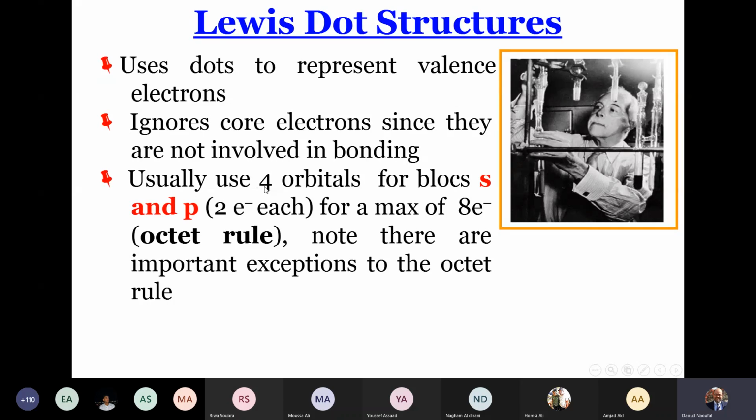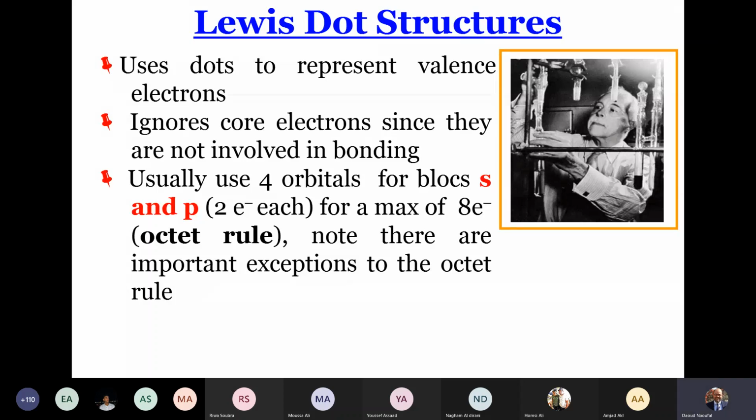Lewis usually uses 4 orbitals for block S and P. Why did he use 4 orbitals? According to the quantum numbers, the S is 1 orbital and the P is 3 orbitals. So in block S and block P, we have a maximum of 4 orbitals, 1s and 3p.